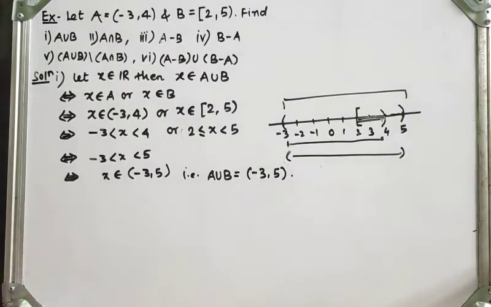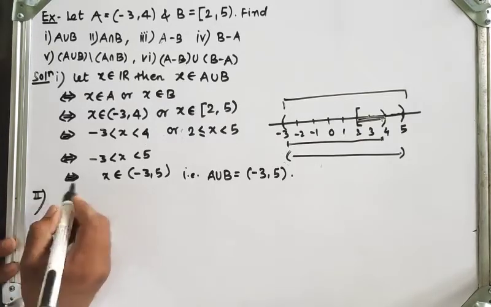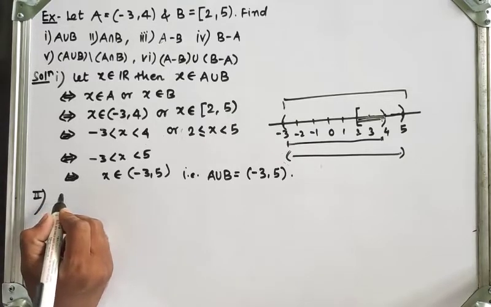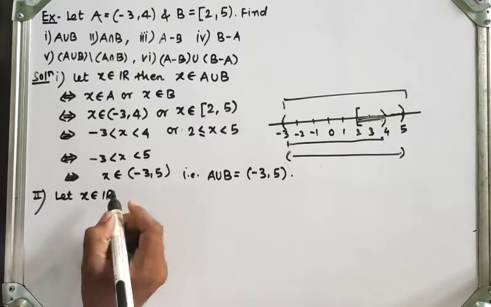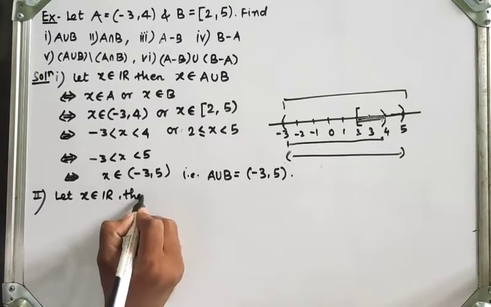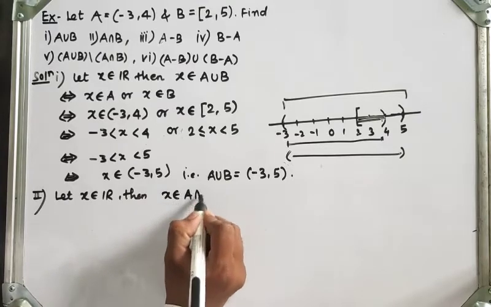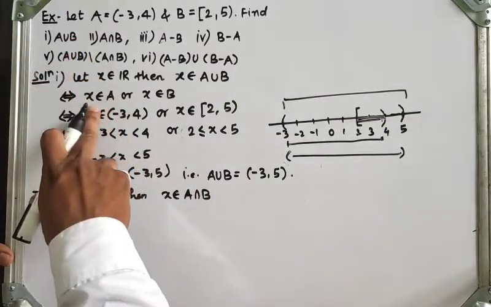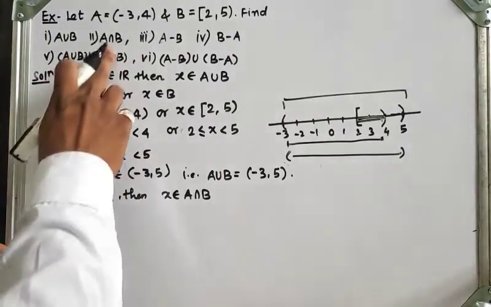Now next we have to find their intersection. So second one, intersection. Let x belong to the real numbers R, then x belongs to A intersection B. Here with union we saw x belongs to A or x belongs to B. But in intersection, what is the definition?